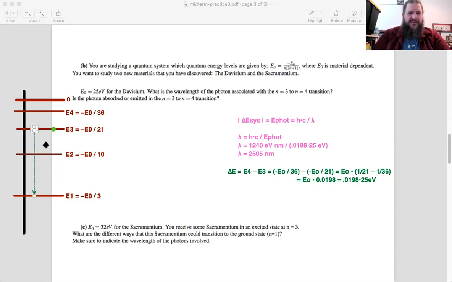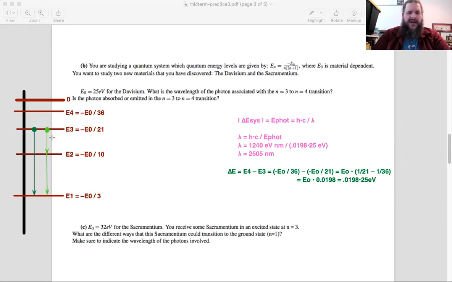It is entirely possible to start in the n equals 3 state and then take 2 steps, because you can stop at any legal energy state. You could go from 3 to 2 and stop there, and then also go from 2 to 1. So you could do that by emitting 2 photons.